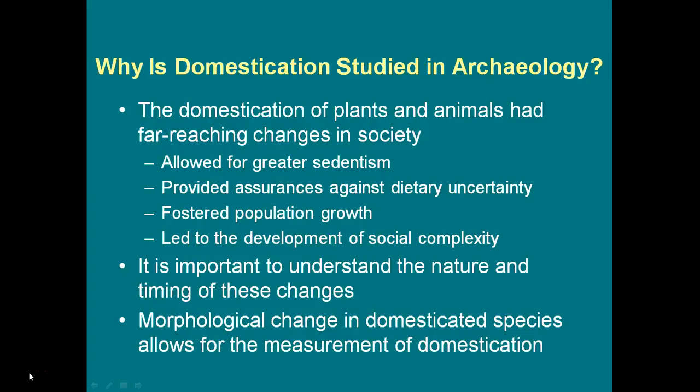It helped foster population growth with this greater productivity, and it led to the development of social complexity, because domesticated plants are more productive per acre than any wild plants, allowing greater amounts of food to be produced, and a single farmer can produce more food than they and their family can consume.